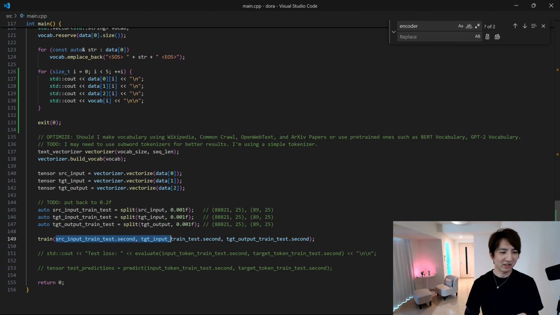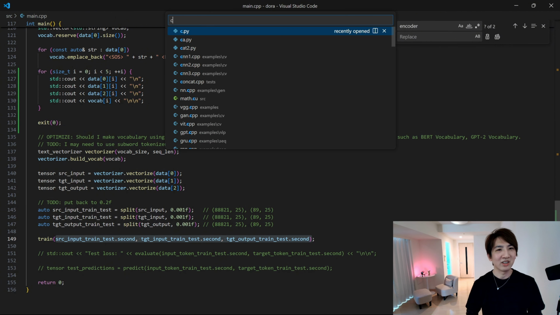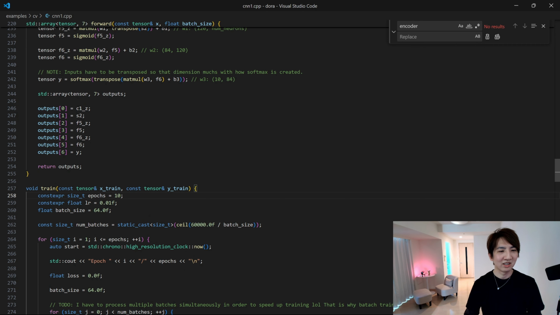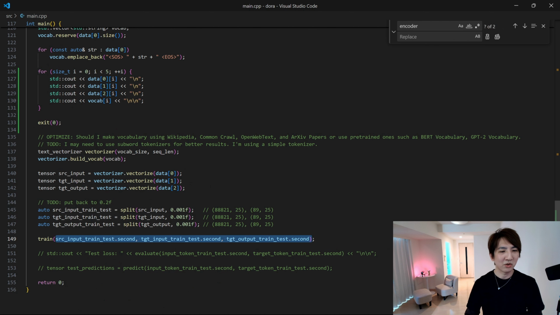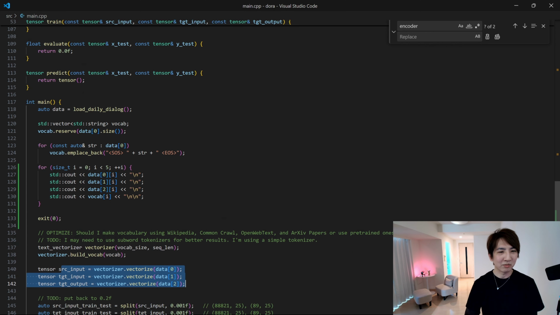So now the train function takes not only X and Y like I used to do. In the train function I used to take only X and Y, but in this model it would take just these three types of datasets.